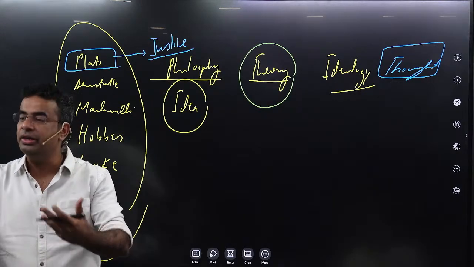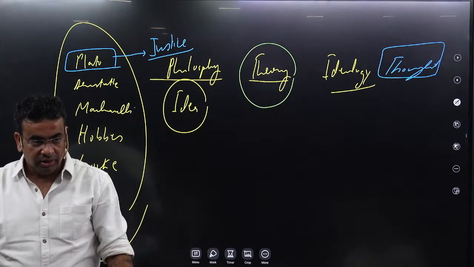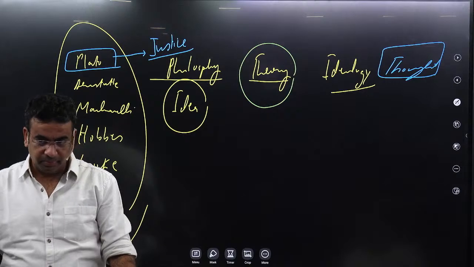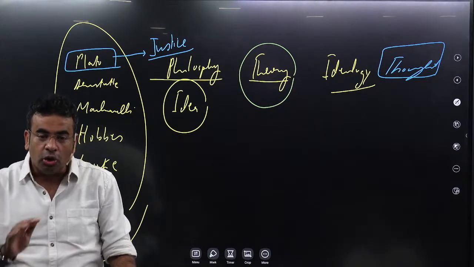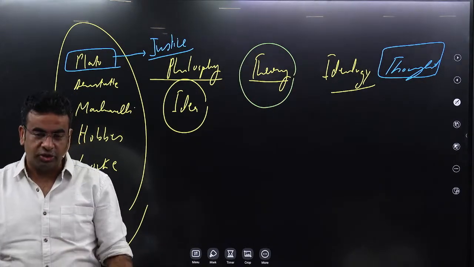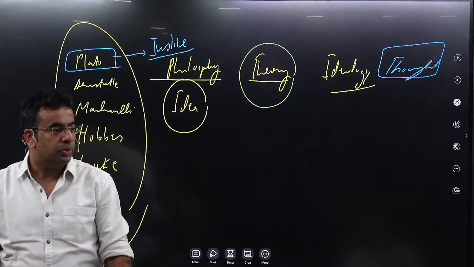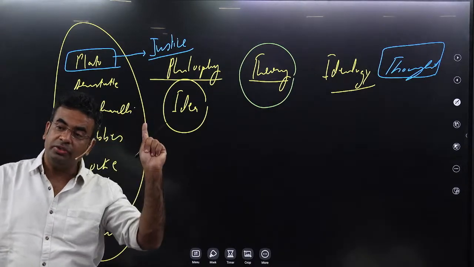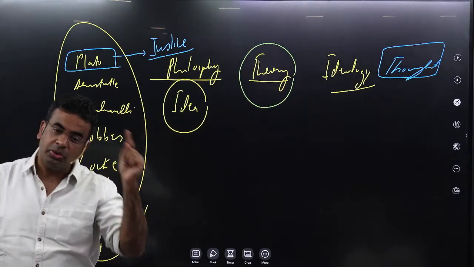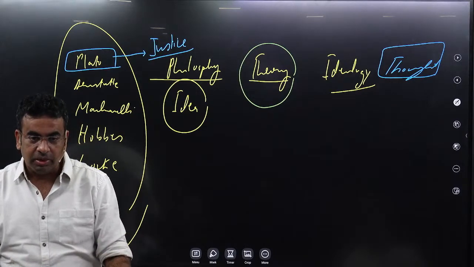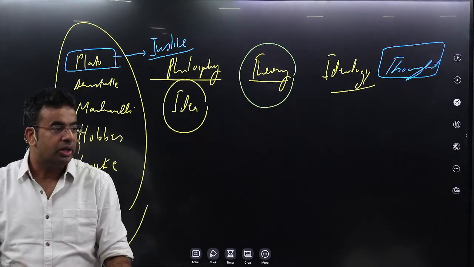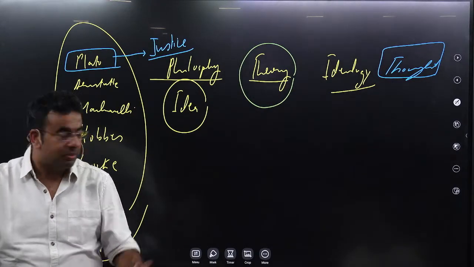He explained his idea of justice in the 5th century BC. Then comes Rawls. Rawls has given his idea of justice in the 20th century. So Rawls's idea of justice and Plato's idea of justice, are they the same? Do they have a different idea of justice or not? Change of idea in time and space is thought.